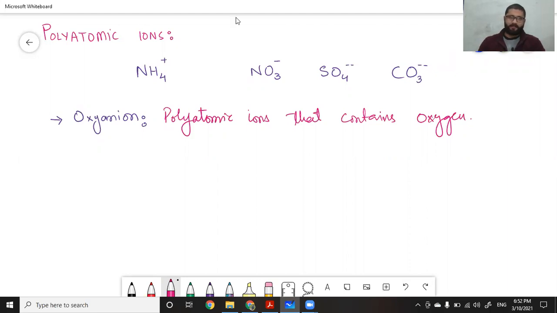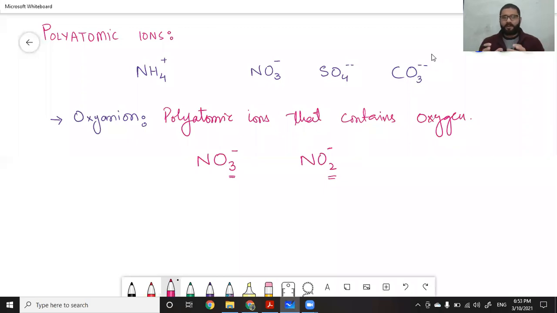For example, NO3 negative and NO2 negative are both made up of nitrogen and oxygen. But the only thing that is different in these two examples is the number of oxygen atoms. In the very first one, there are 3 oxygen. In the second one, there are 2 oxygen.